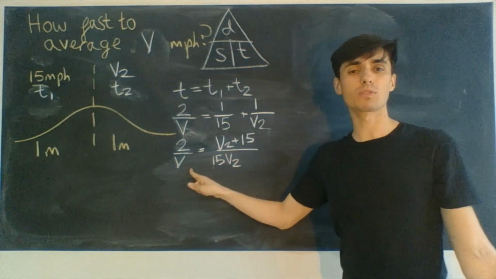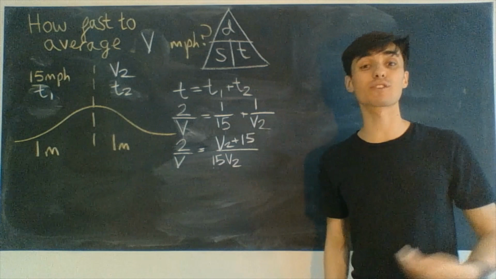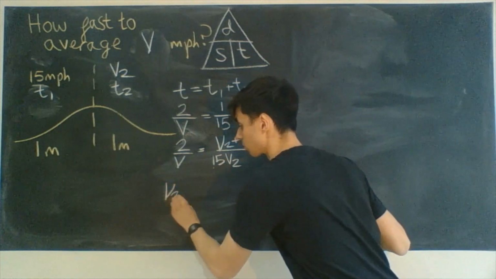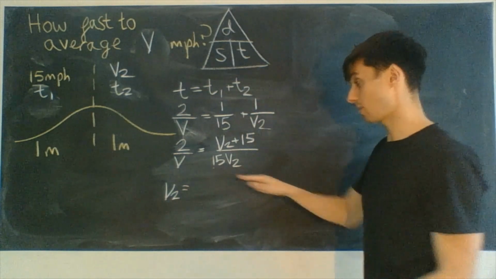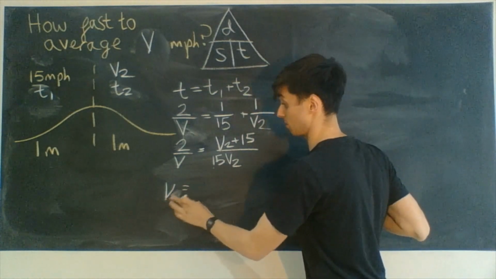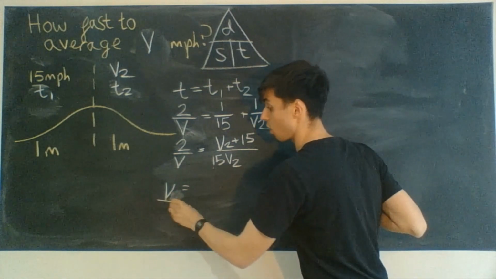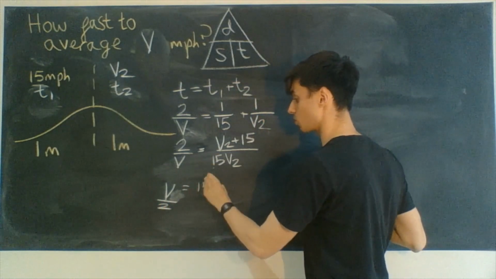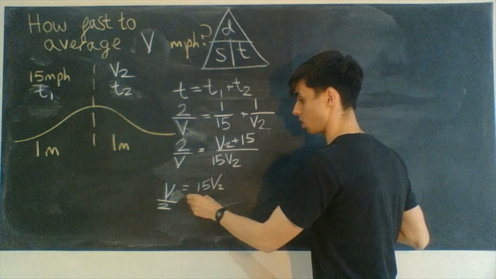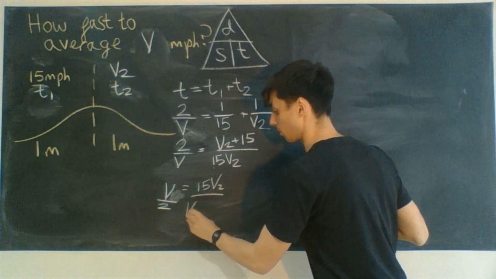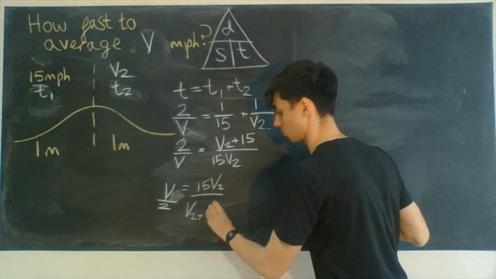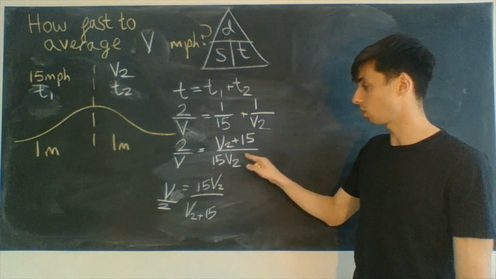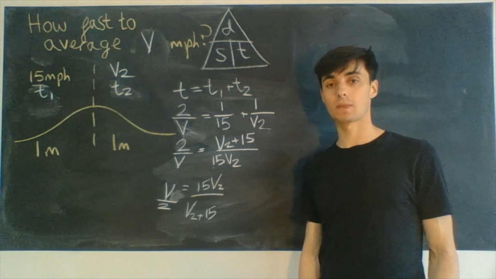Well, now we've got one fraction on either side, we can just flip these at this point. So we can say, well, v over 2 equals 15v2 over v2 plus 15. Can you see, I've just taken the reciprocal of each of these fractions.